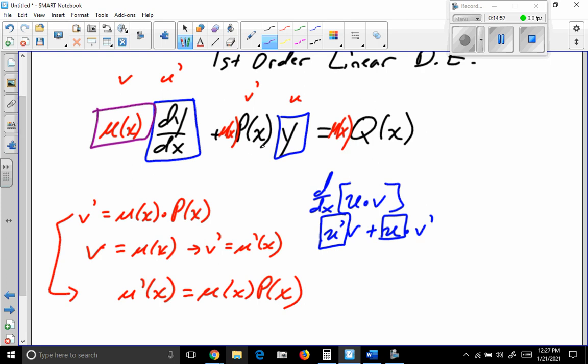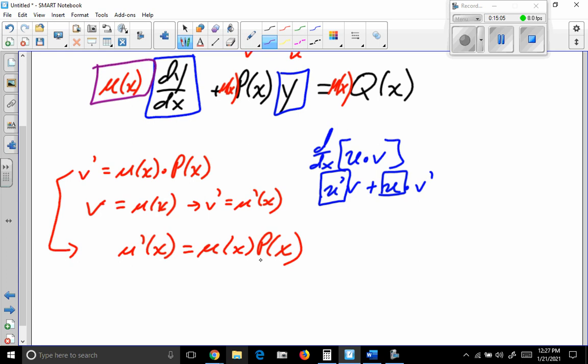So P of x, that's something we're going to know every time. Once we put our differential equation in standard form, P of x is going to be given. So let's see, can we take this relationship that we just came up with using our product rule, and find out what mu needs to be? So let's divide both sides by mu of x. That would give us mu prime of x over mu of x equal P of x.